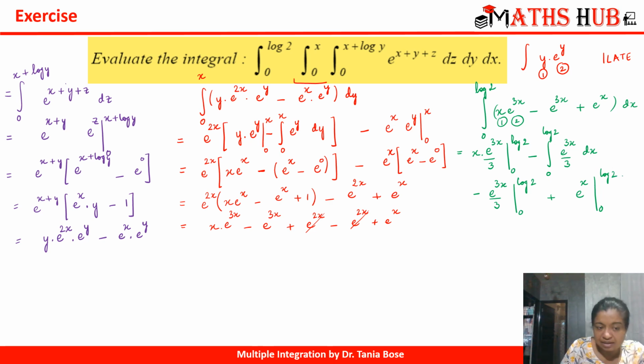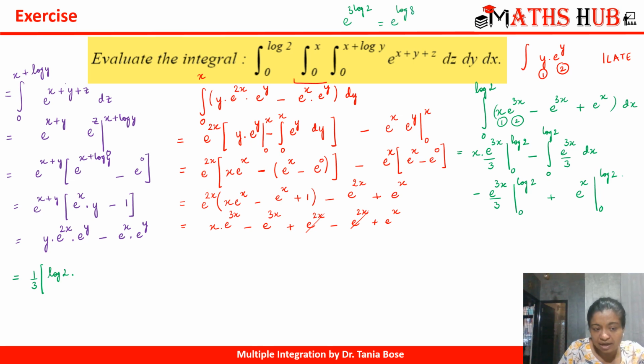So let us plug in the values in this. So finally, this will give us, I can keep 1 by 3 outside, I will have log 2 multiplied by e to the power 3 log 2. So what is e to the power 3 log 2? It is e to the power log of 2 cube, which is 8.